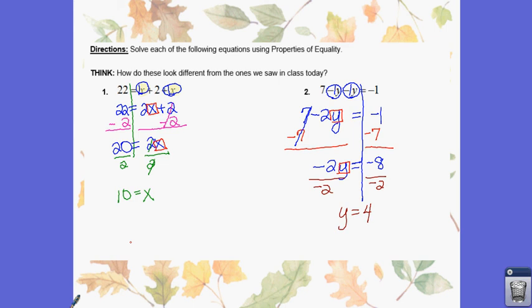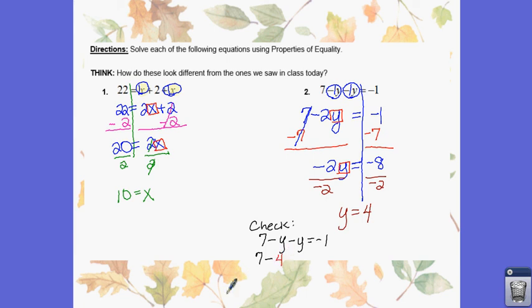We can also check these solutions like we did in class with lesson 8. If I rewrite the original, 7 minus y equals negative 1, if I want to show a check, I need to be sure that I substitute 4 everywhere I see a y. So I would have 7 minus, and then here I would have 4.